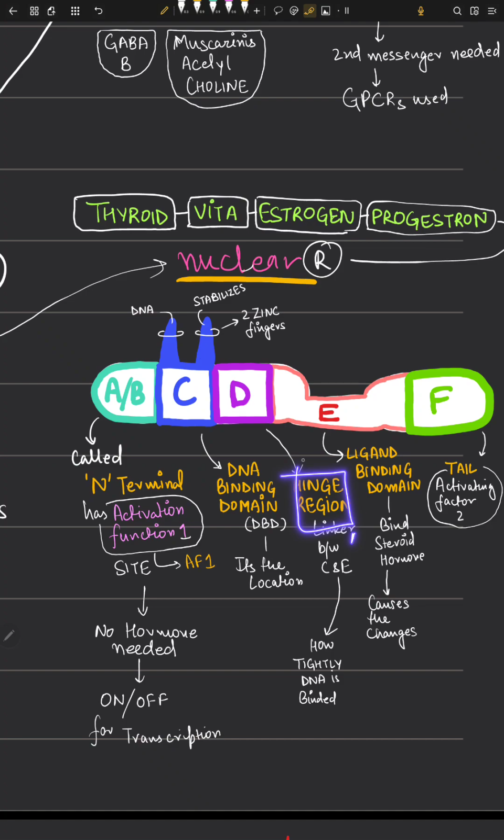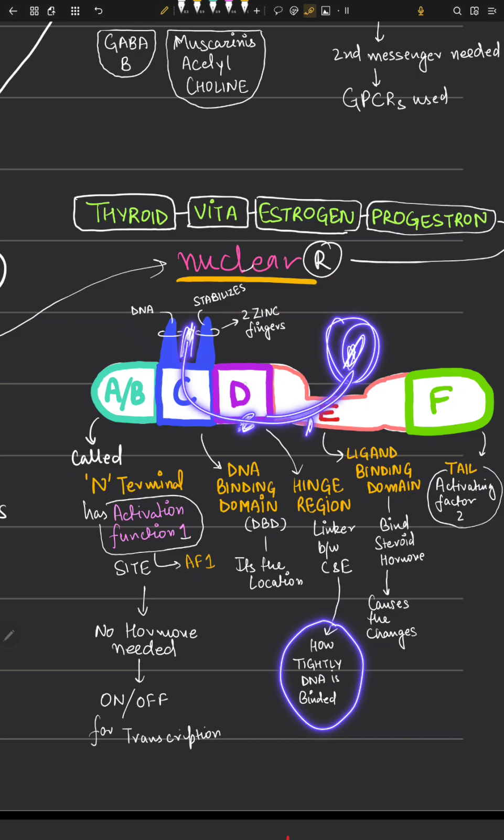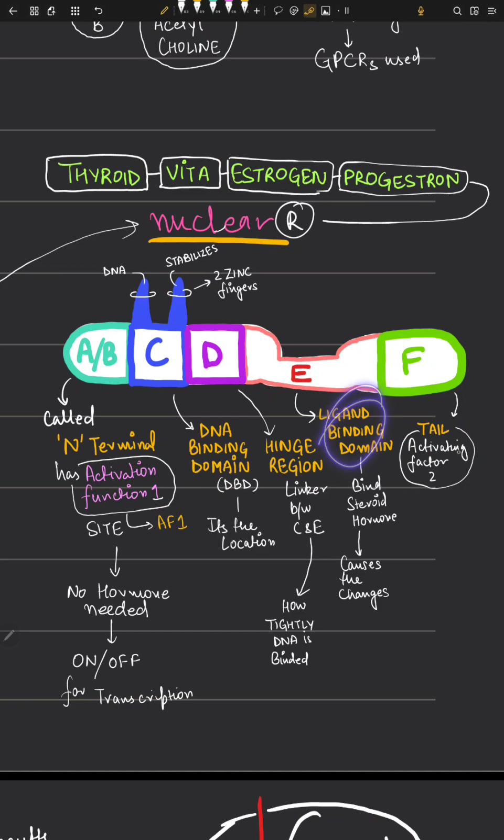It's a linker between C and E. This is where the DNA binds, and this is where the hormone binds. So D is responsible for how tightly the DNA binds relative to the hormone. Cool. Ligand binding, we already know that. And the tail also has an activation factor, and we call this activation factor number 2, AF2.